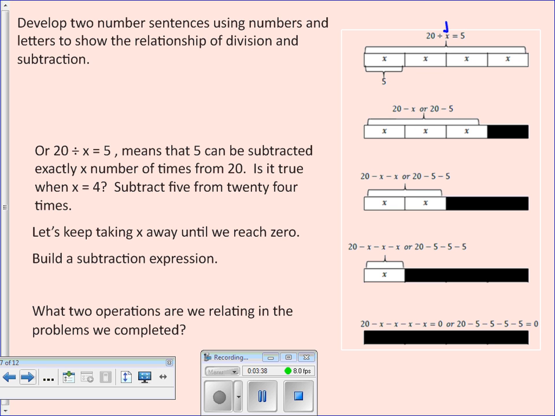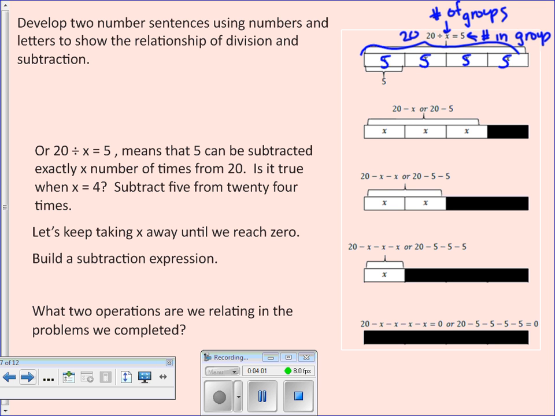This time the x is going to tell us the number of groups. So I took my total of 20 and made that many groups. So now my 5 is telling me the number in each group. So this is 5, 5, 5, 5.